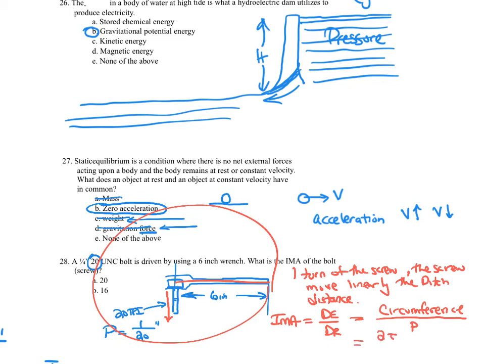So 2 pi r, my radius of that circle that's generated, is that 6-inch wrench. The resistance distance is that pitch, which is 1 over 20. And so that's measured in inches, so these are going to cancel out. And so I end up with 12 pi times 20, which equals 753.98, so about 754.